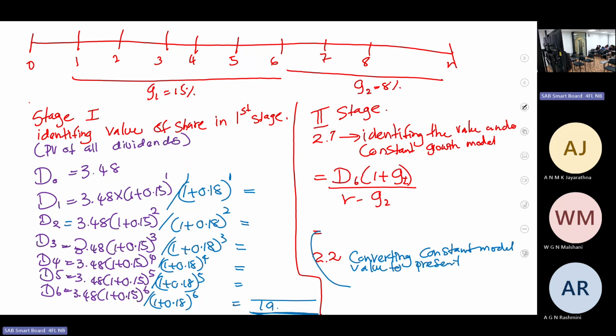The calculated answer should be multiplied by 1 over 1.18 to the power 6. Discuss with your friends and try to do it. This is not the last step. You have to consider the step number 1 value and then the step number 2 value.